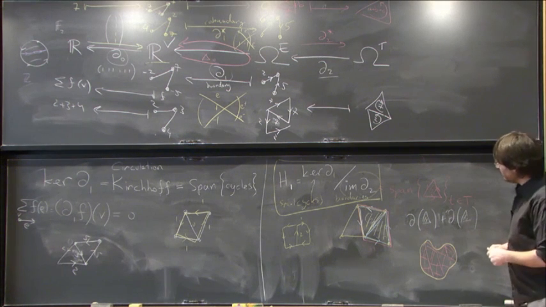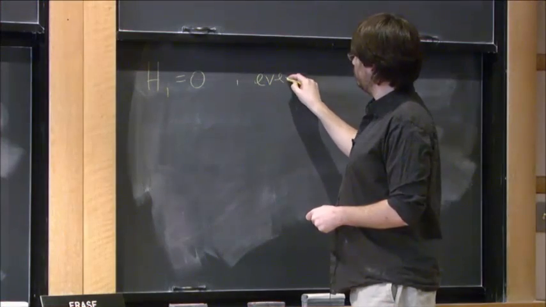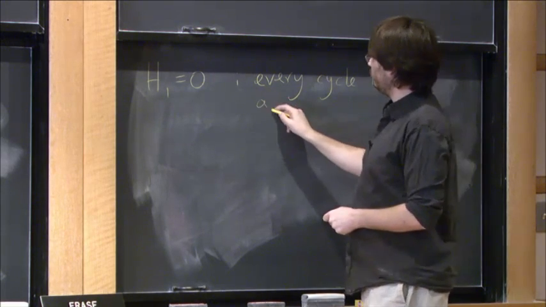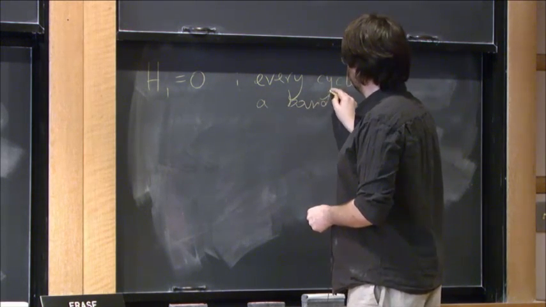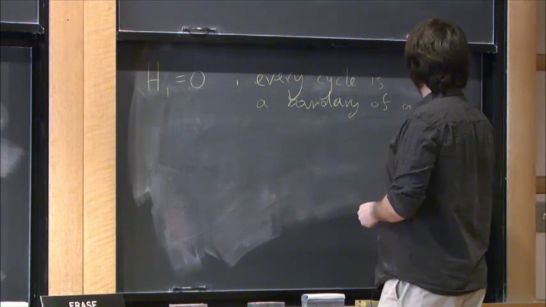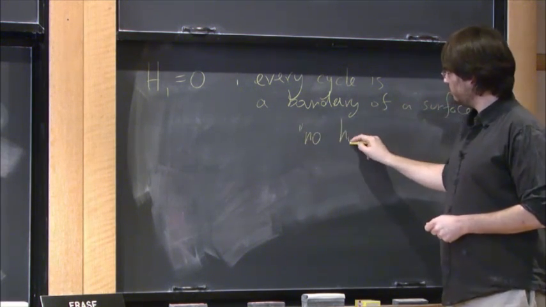Okay, so in particular, H1 is trivial when every cycle is a boundary of a surface. So, no holes.